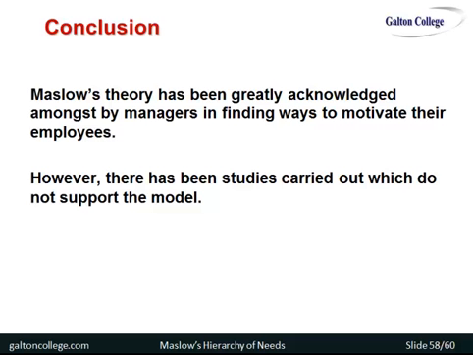However, there have been studies carried out which do not support the model. Some suggest that there are all sorts of issues, some of which we've talked about in this video. For example, not all the stages are equally weighted. Not all the phases in the model, the 5 phases, are equally important. And it could also be that there's retrogression.